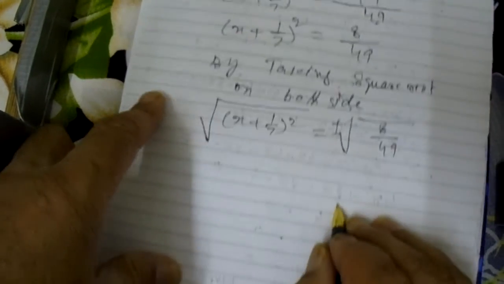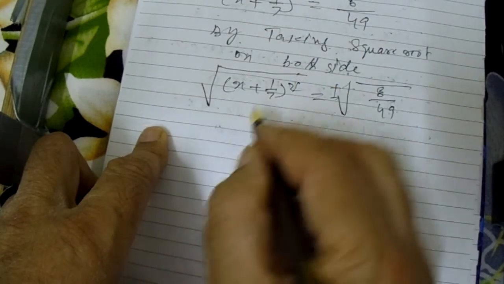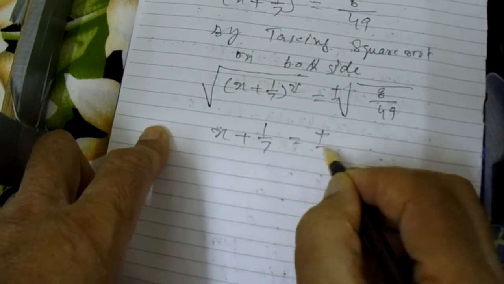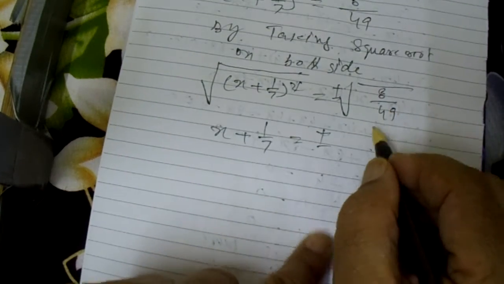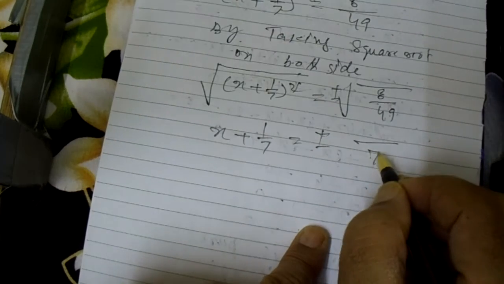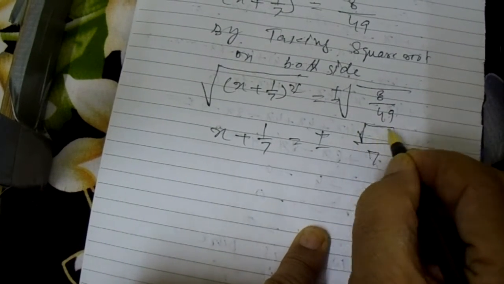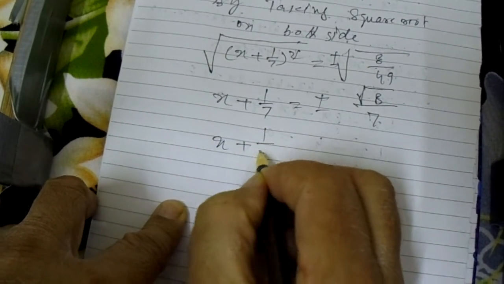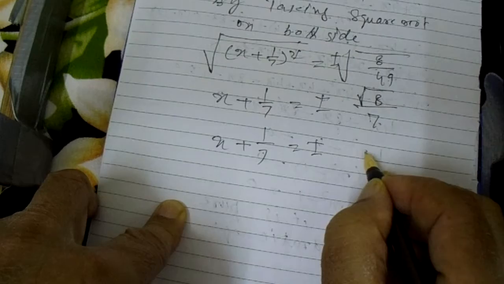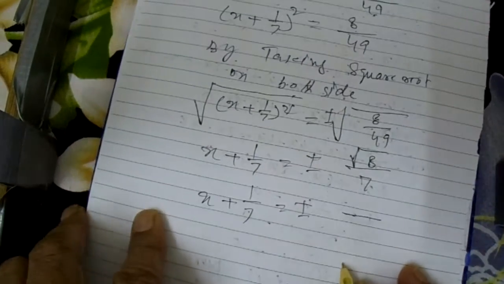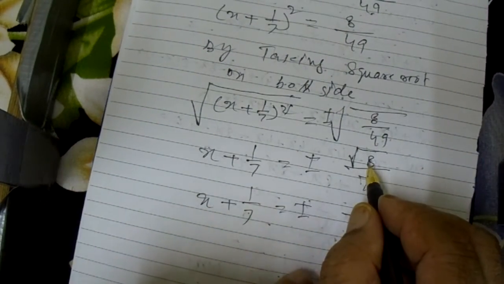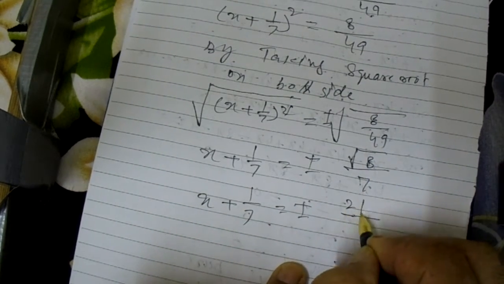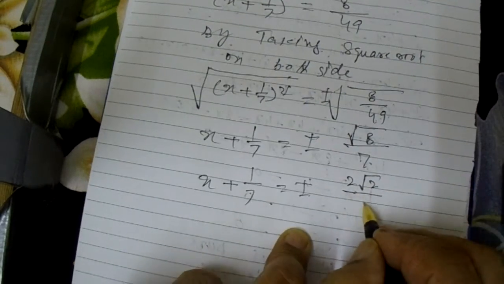Again this square will cancel, you have only x plus 1 over 7 is equal to plus minus. Now the square root of 49 is 7, write it separately, and we write here 8. In the next step again, x plus 1 over 7 is equal to plus minus root 8 over 7. We write this 8 as 4 times 2, and root 4 is equal to 2. Now we write 2 under root 2 over 7.